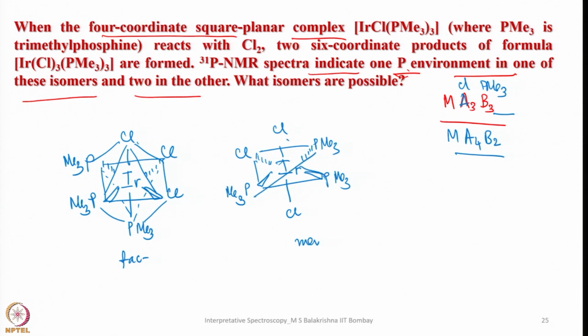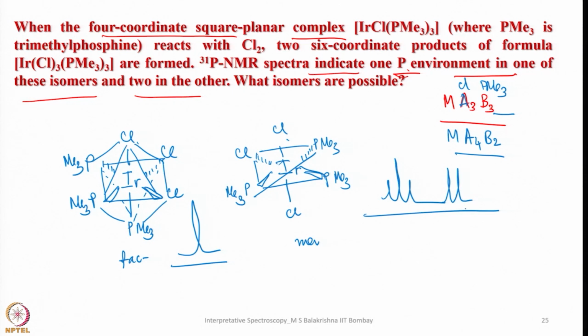In the meridional case, we have two different types of phosphorus atoms, and if you look into the spectrum, one will give a triplet and the other two will show a doublet. So we get a pattern something like this, whereas in the facial isomer we get a singlet. So that means the 31P NMR spectrum indicates one environment in one of these isomers, this is facial, and two in the other.